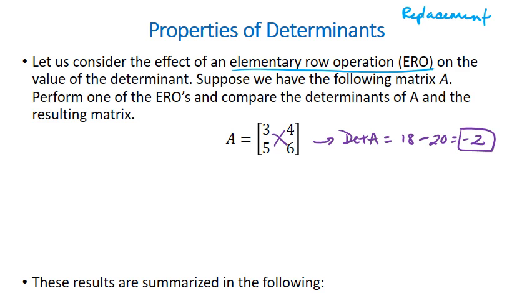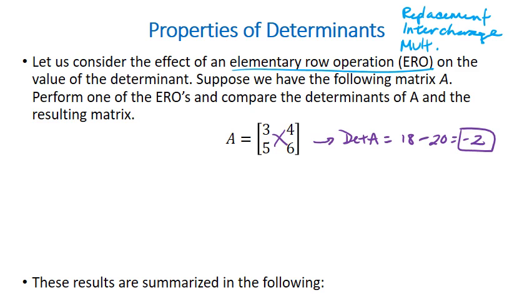There's swap, which is also referred to as interchange. So that's just flipping the locations of a couple different rows. And then there's also the scalar, the multiplying. Okay, so those are the 3 elementary row operations.